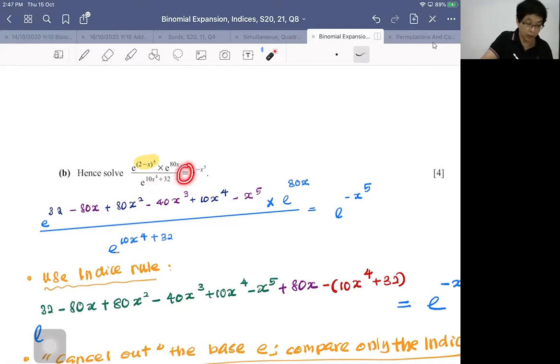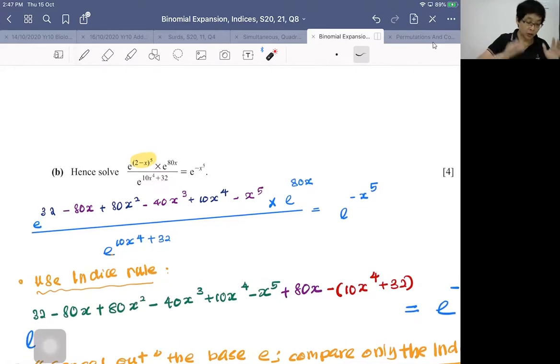You notice that on the right hand side there is another exponential with base e, to the power of negative 5, negative x to the power of 5. What you're going to do first and foremost is chill. Keep chill, and that's going to give you a lot of advantage to protect yourself from careless mistakes.